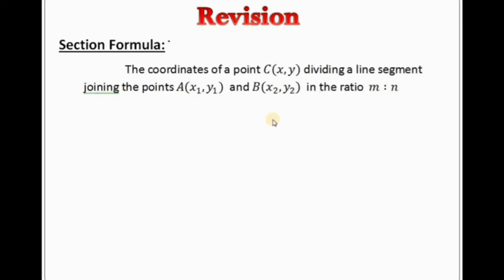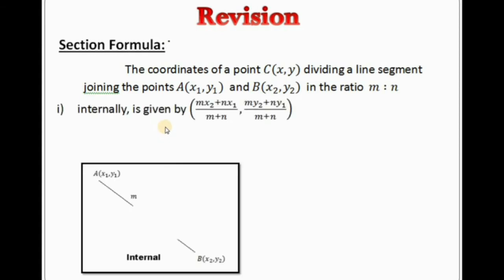Let us try to understand the meaning of this. There's a line segment AB, the end points are x1, y1 and x2, y2. There's a point C in between A and B, so that C divides AB in the ratio m:n. If you are not able to understand, let us see through the diagram.